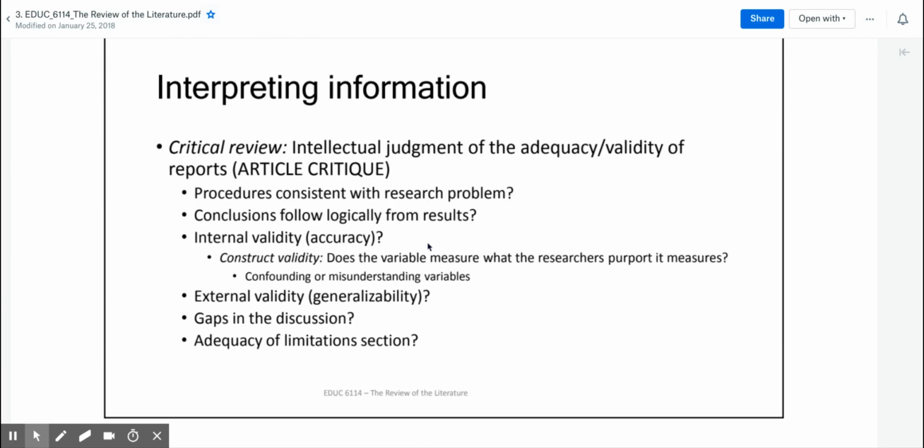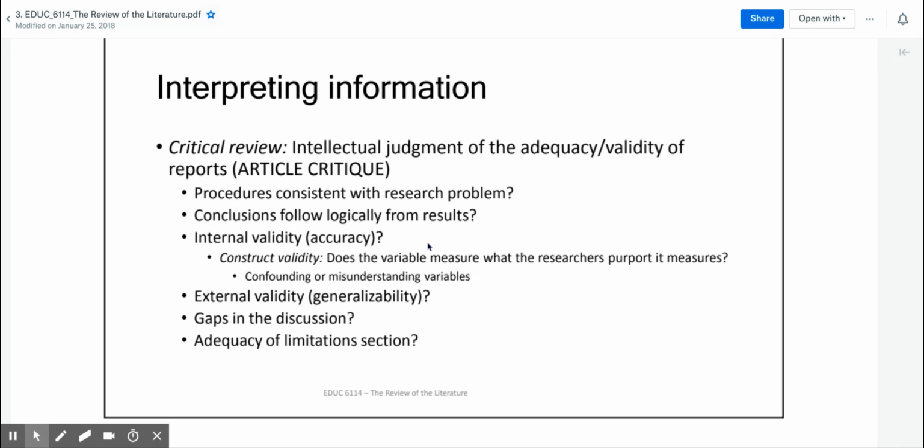All right, interpretation, critical review. What do you mean by critical? Number one, you check consistency. Internal reliability is very important: whether the interpretations, data collection, organization, and processing of data are consistent or not. And also their measures: if they collect data and use some kind of instrument, whether that instrument is accurate and internally consistent or not, right?